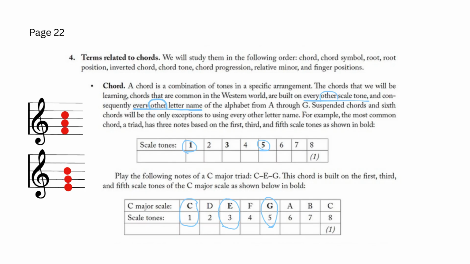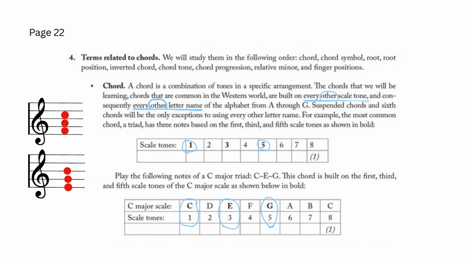You can see in the top one, they're in the spaces. Space, space, space. So that would be every other letter name of the musical alphabet. And then in the next one, it's line, line, line. That would also be every other letter name of the musical alphabet from A to G.